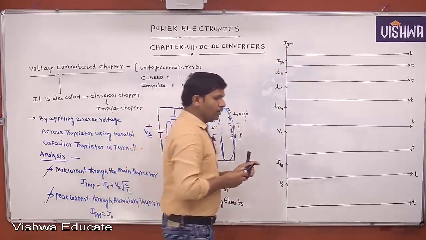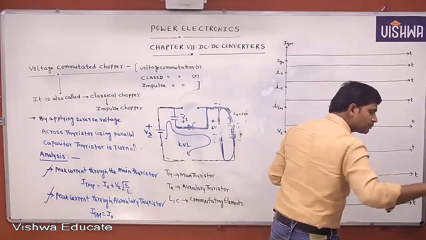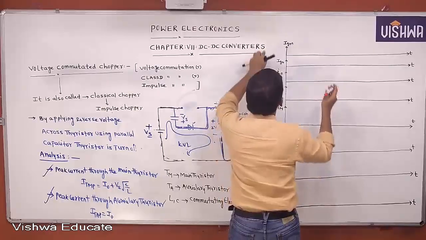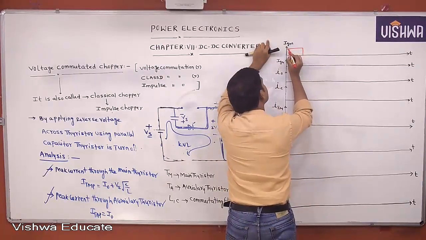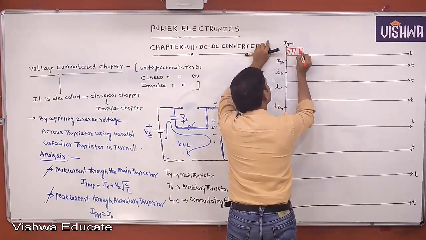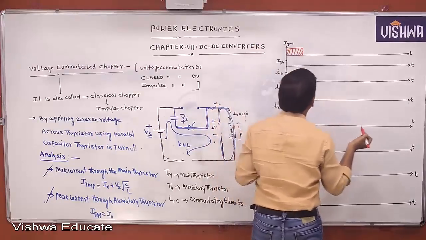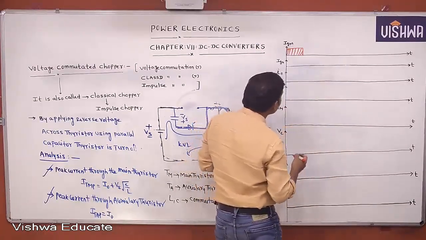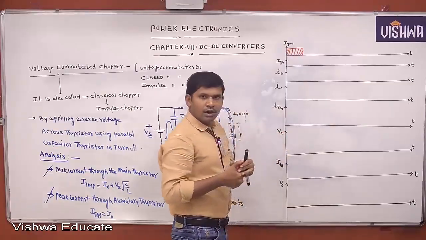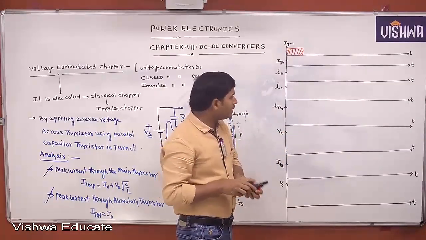Listen. Now we are giving the triggering pulses here. This is the main thyristor triggering pulse. This is the instant t equal to 0. At t equal to 0, the main thyristor is triggered.